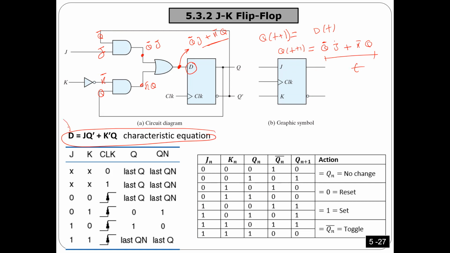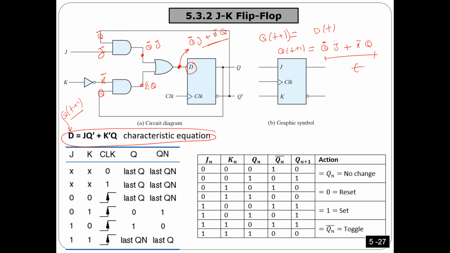So this is the new Q of T plus 1, which should equal this one at time T. And again, look here, how this is similar to the truth table you have here, okay? So for example, if you just apply what you have in the truth table, you get the same result here.